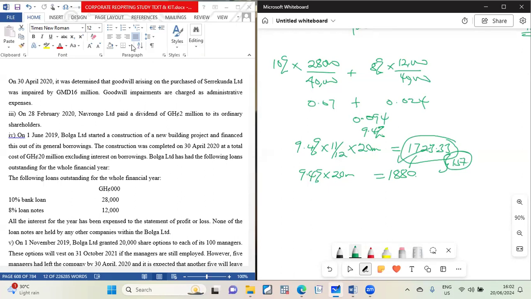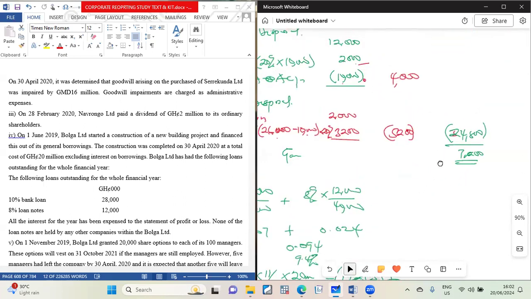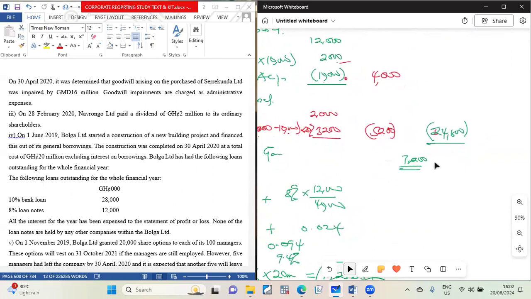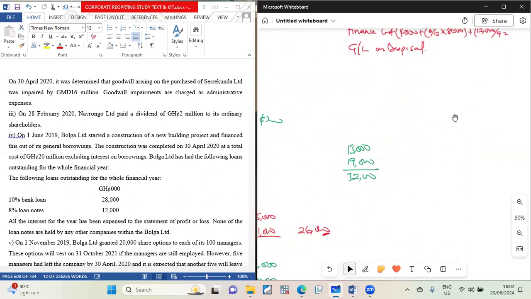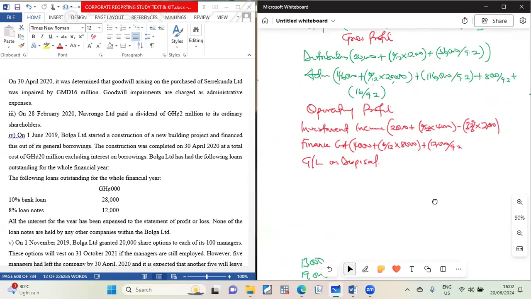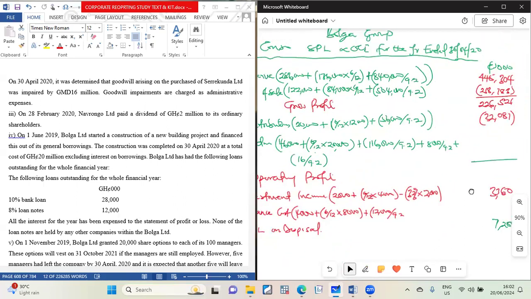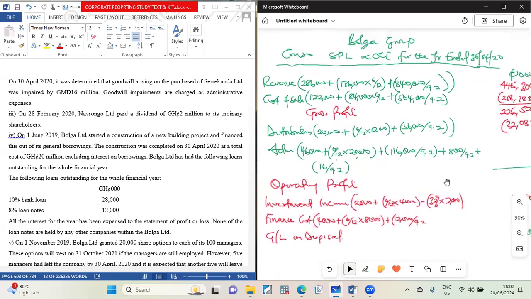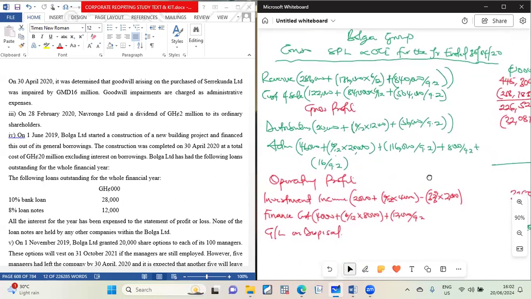All right. So let's go and do that. Oh, sorry. Where is our P&L? That's why it was advisable not to actually close the finance cost, because this thing is about Bulgar.